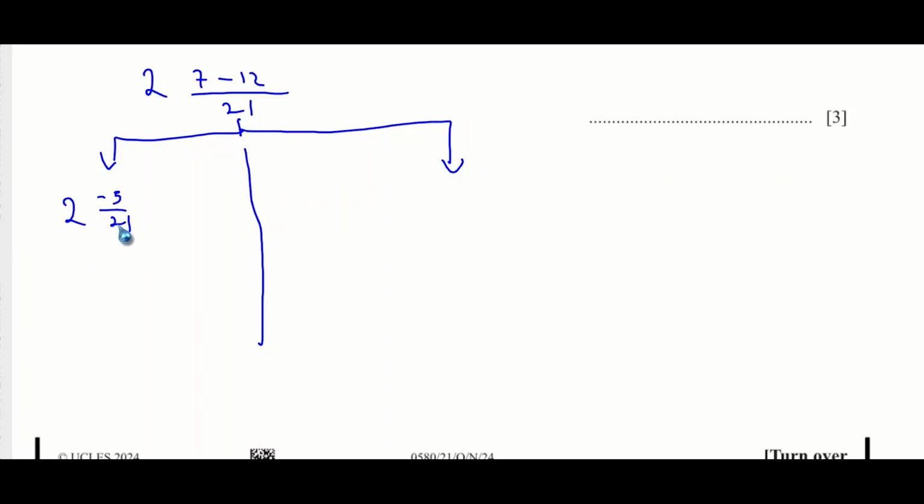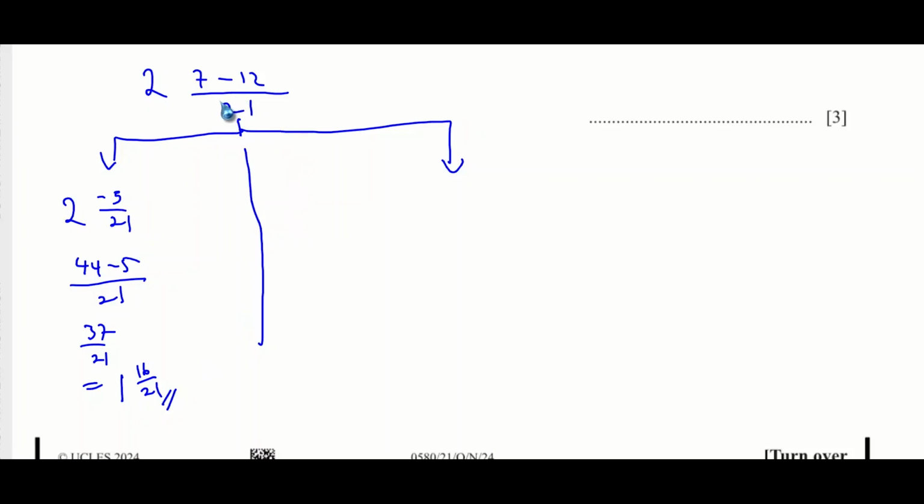Then you need to write this as a mixed number. So 21 times 2 will be 42, minus 5 over 21. So this will give you 37 over 21, which is equal to 1 whole 16 out of 21.